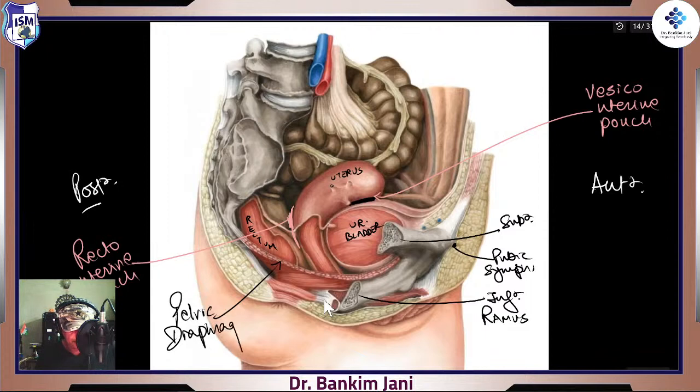And who will be contributing to it? That muscle is the levator ani. Here it is. See? So this one would be the levator ani.